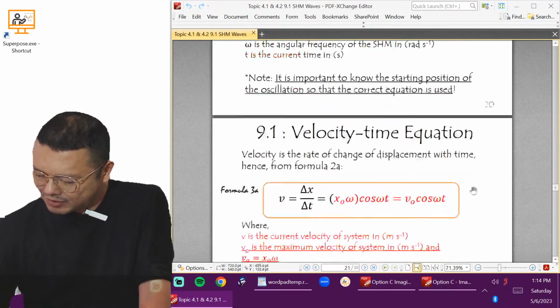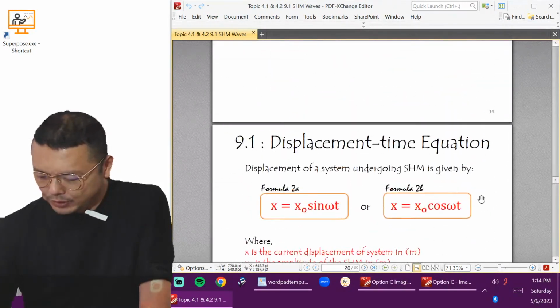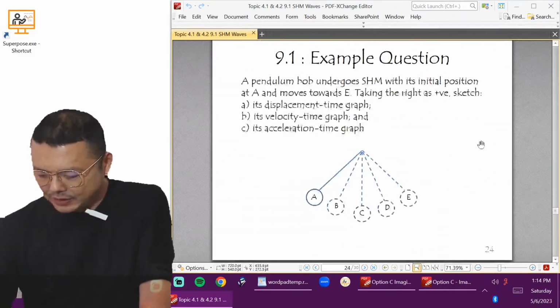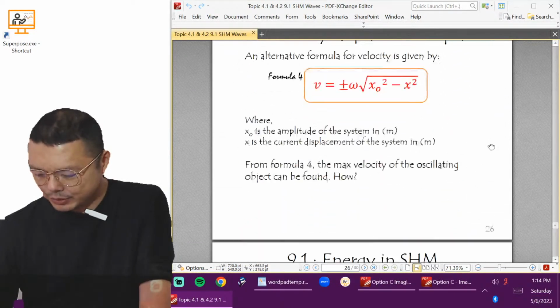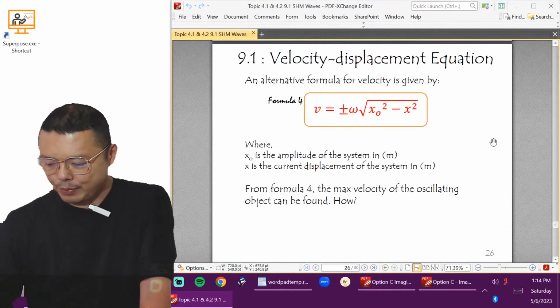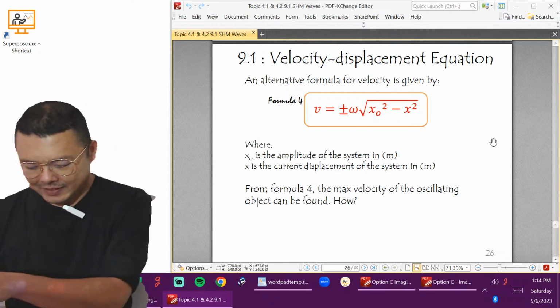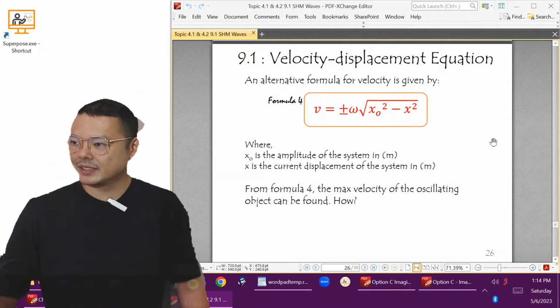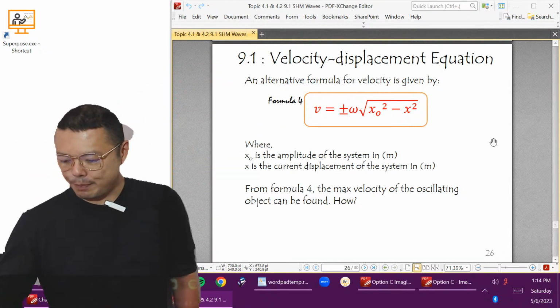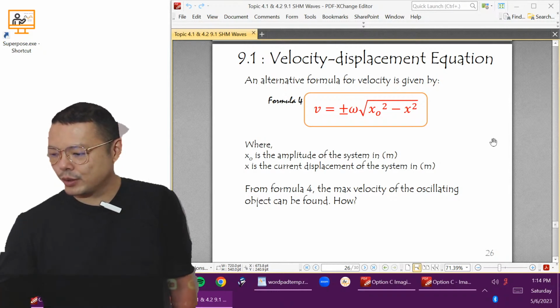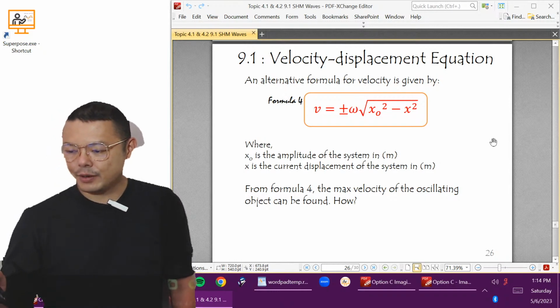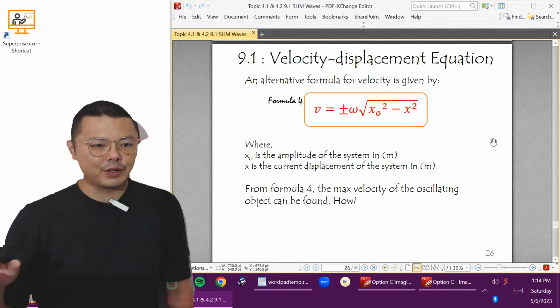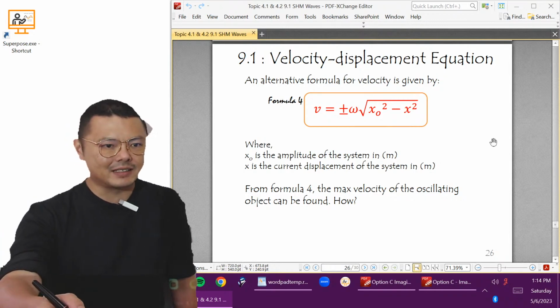If you all want to just take out this page from the ones that I printed, you pull this page out, and you put it under the defining equation. Go to page 26. You can edit the PDF like this.